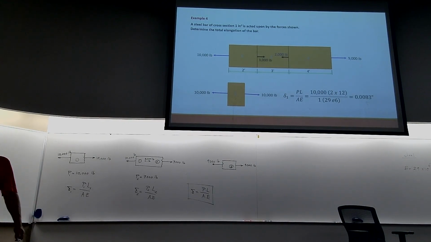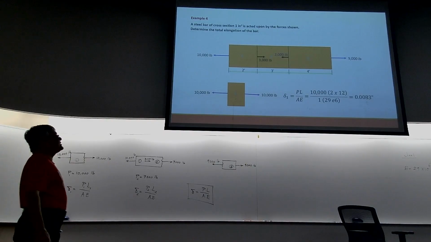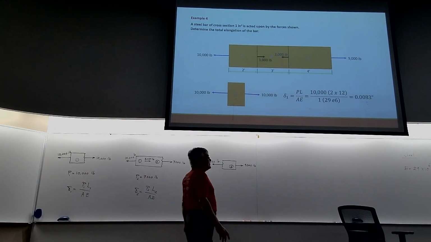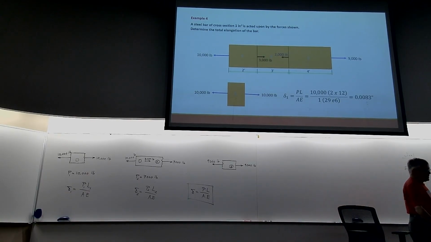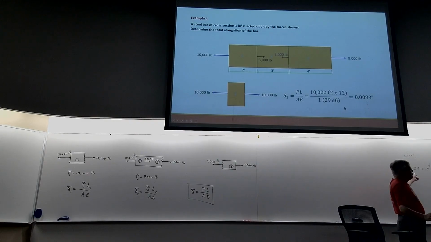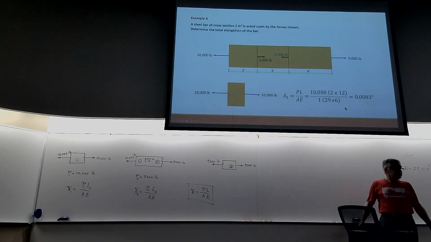L1 is 2 feet, clearly must be multiplied by 12 to get inches. Cross-sectional area was given as 1 square inch. And this is E of steel, 29 million PSI.